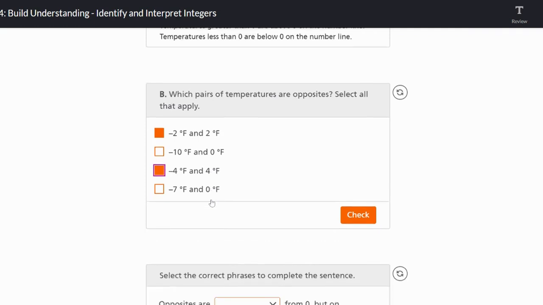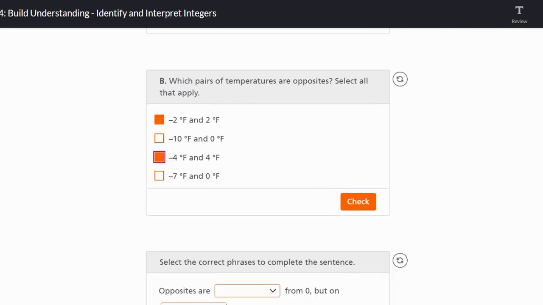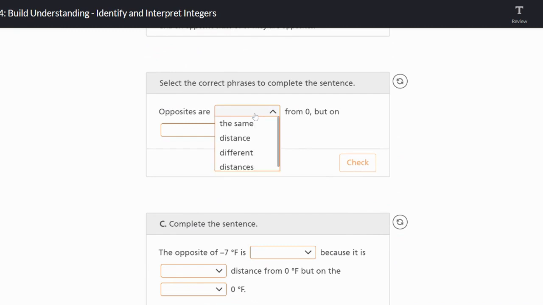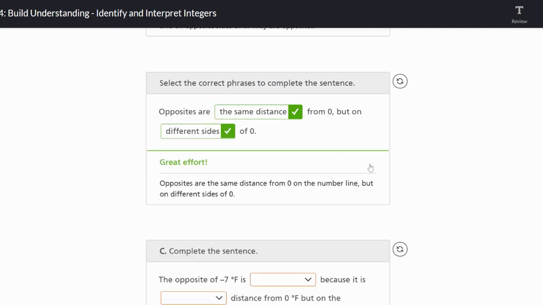Yes, those are opposites. -7 and 0? Those are not opposites. They are not the same distance from 0. Opposites, are they the same distance or different distances? We've talked about this. Opposites are the same distance from 0, but they are on different sides of 0.